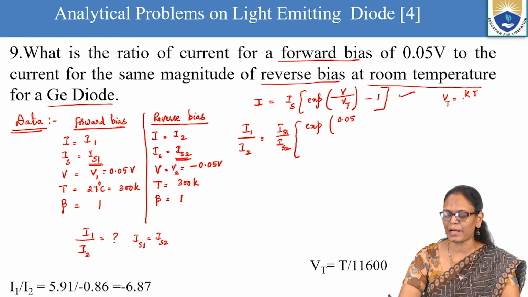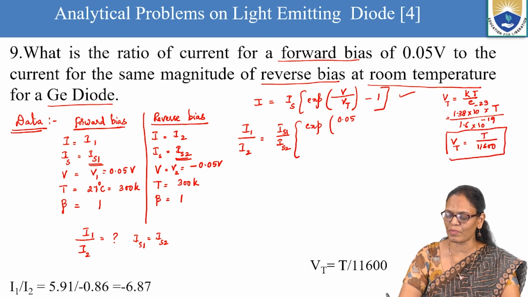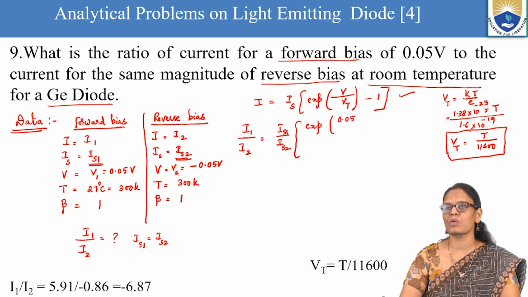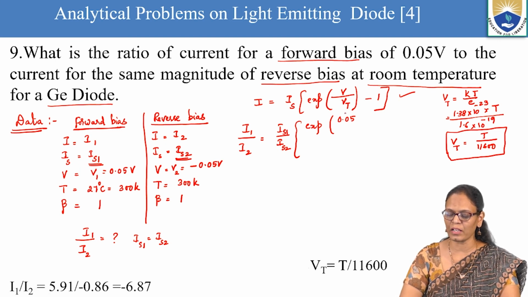It is kT by E. K is 1.38 into 10 power minus 23 into T, and E is also constant, 1.6 into 10 power minus 19. So we get the value of Vt to be T by 11600. This value we can always directly use because K and E are constants. So we can substitute that value here in Vt.